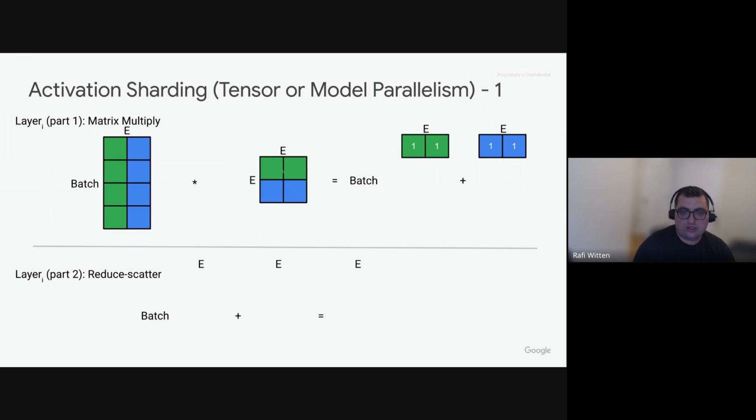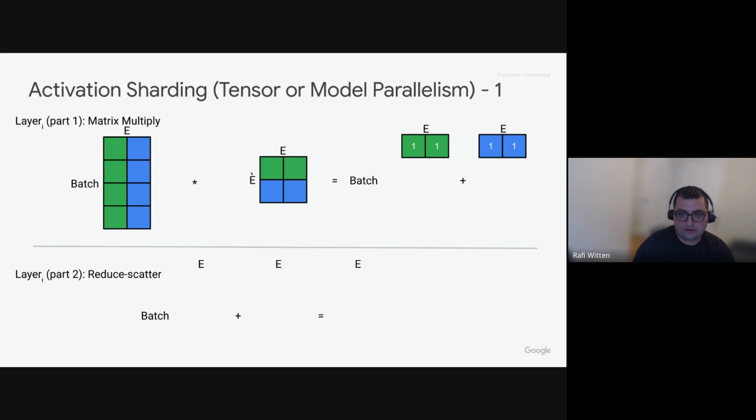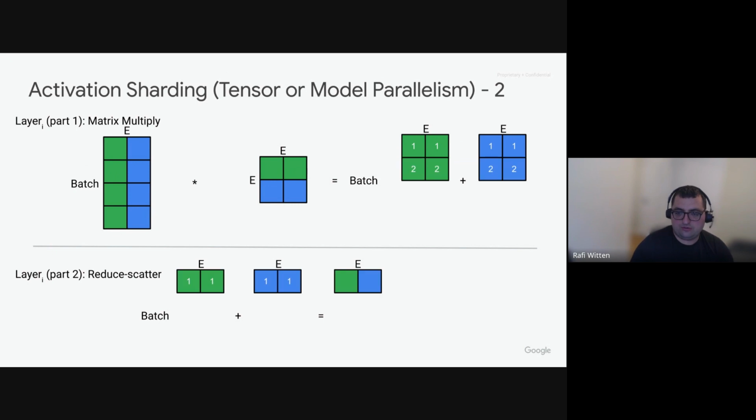The shards of the matrix have the property that when we multiply them, we get something of the right desired output, but it's not the full output. It's only a partial output. The green and blue chips' outputs need to be added together to get the real output. So that's what we're doing at the bottom. Does that help, or do you have more questions?